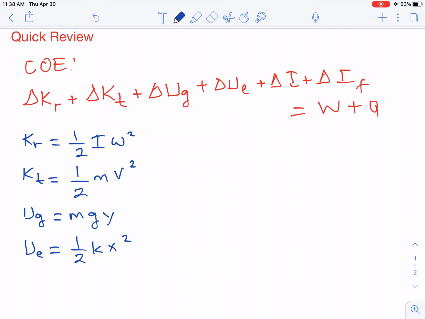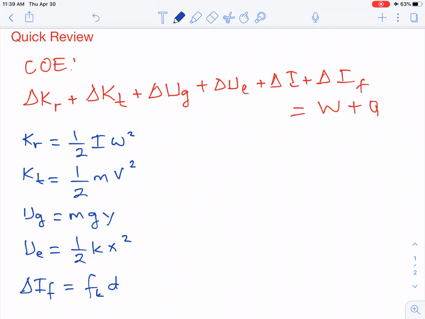We don't really have a specific equation for that, but delta I_F is F_k times d. So this is only true if you have kinetic friction. If it is static friction, this term goes away, because static friction does not do work, and d is simply 0 for static.